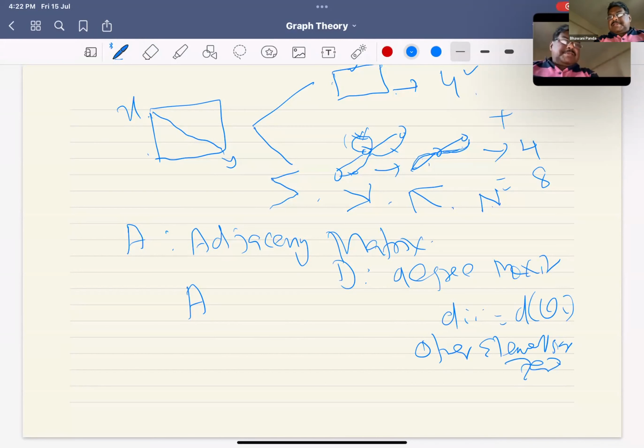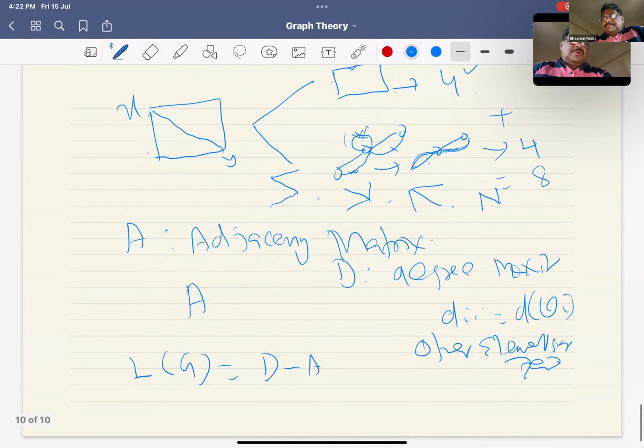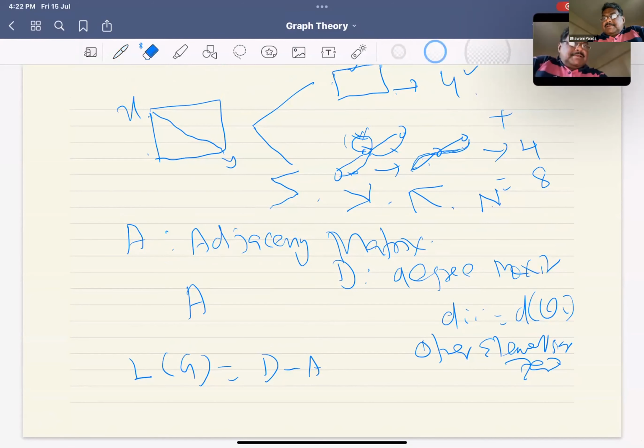So the Laplacian of G is equal to D minus A, or A minus D, you can take one of the two. The diagonal matrix minus the adjacency matrix, that is the Laplacian of G. Now if you remove any row and the corresponding column, that is called a minor, right?